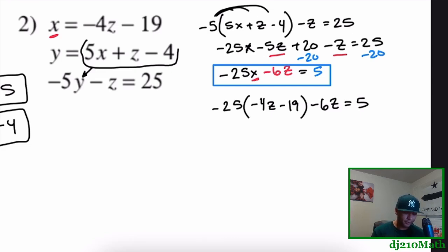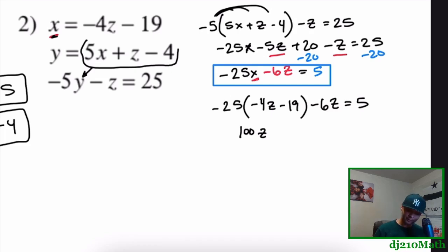So I can't do anything. I need to get this down to one variable. Since it was already solved for x, we're plugging it into the blue boxed one. In fact, that's the only place we could plug it into because there's no x in the bottom one. So it's like we're almost forced. So this is 100z, 25 times 19.